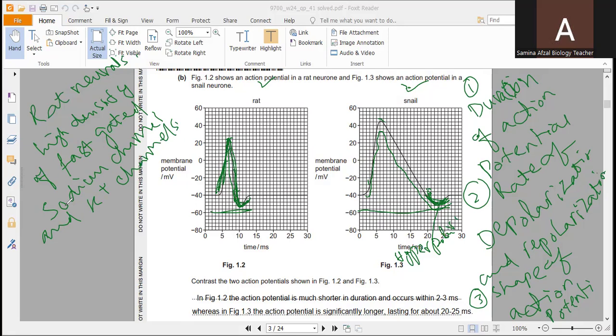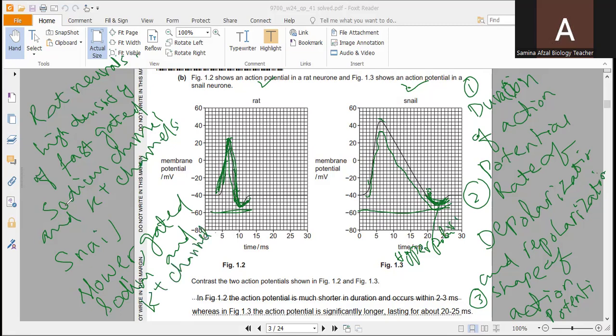And on the other hand, snail neurons have different types of ion channels, including slower gated channels or channels with different kinetics. So the snails have slower gated sodium and potassium channels.